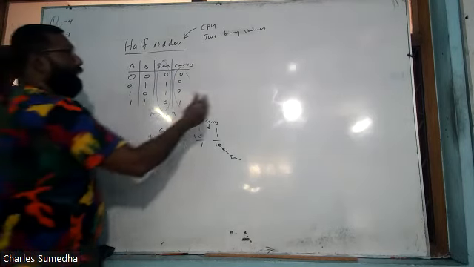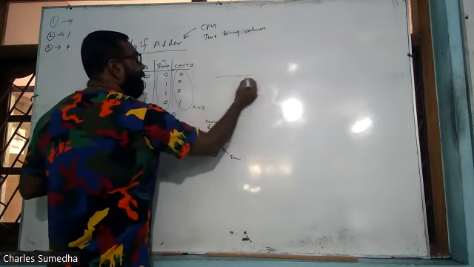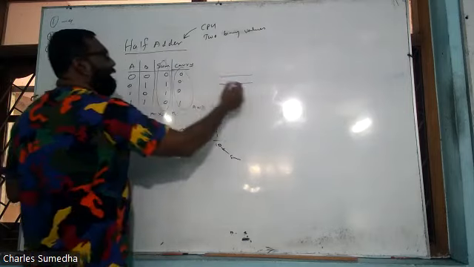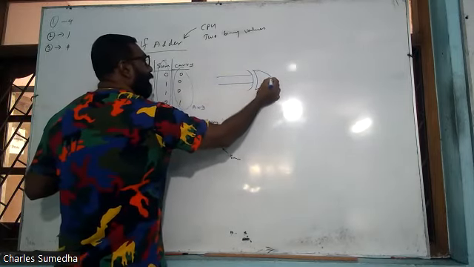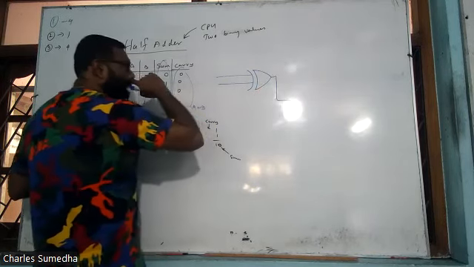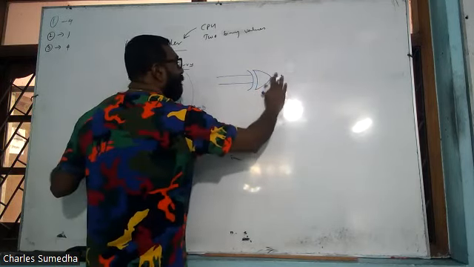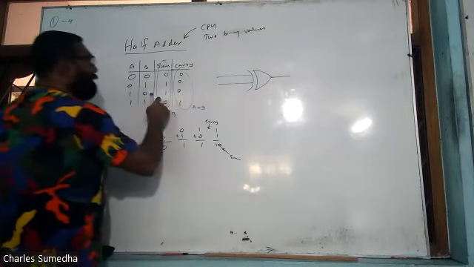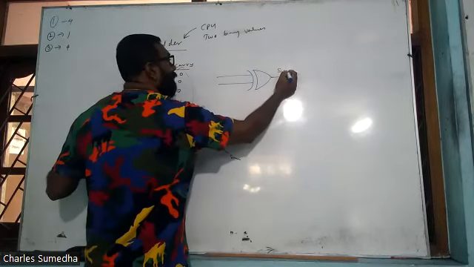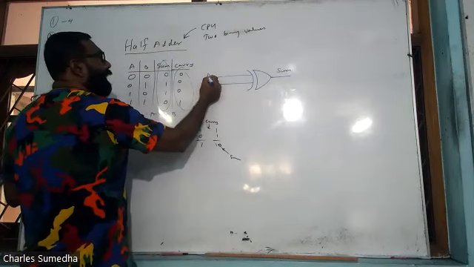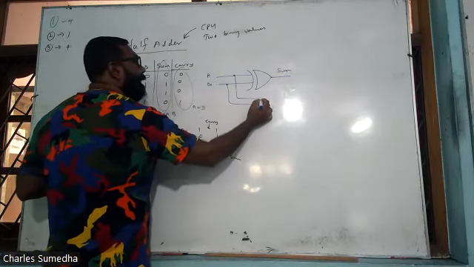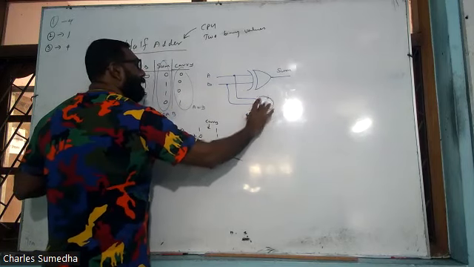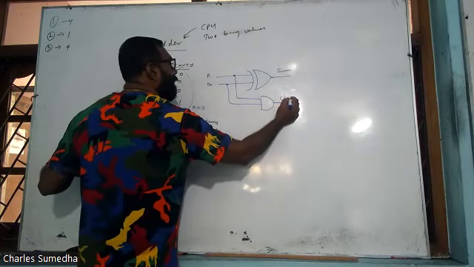So what you can do, you can develop the half adder with the use of an XOR gate, right? Okay. Now here, the XOR will give the sum. And here you have A, B. So you are taking A, taking B, and here with A and B it will give the carry.